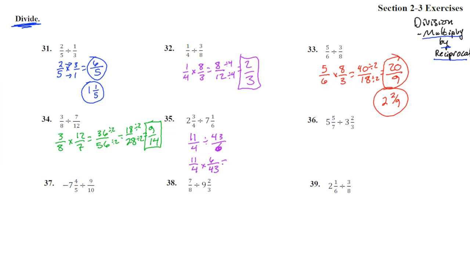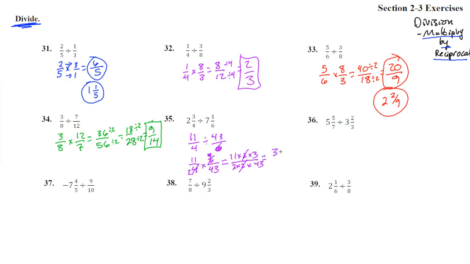Whoa. Now, this is a big one, so we're going to do just a little bit of a trick here. We can see that this 6, I'm going to write it up here, 11 times 6, which is a 2 times a 3, and 4 is a 2 times a 2, over 43. That's going to be the prime factorization. Notice how we can see that a 2 could cancel out. You could divide by 2 and divide by 2, leaving a 3 and a 2 there.